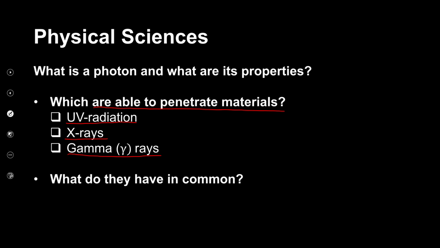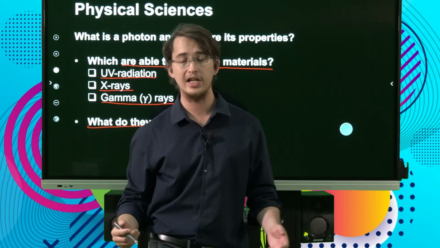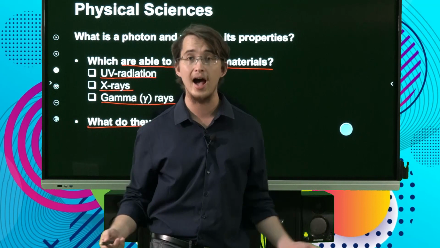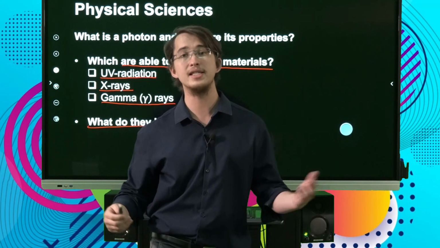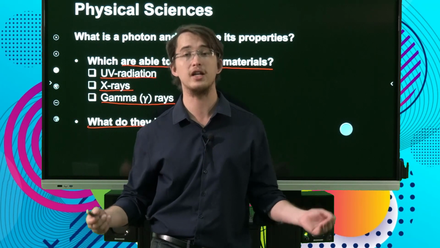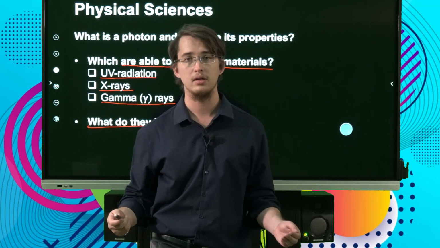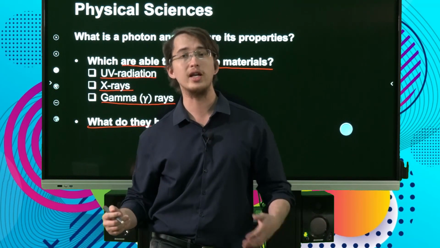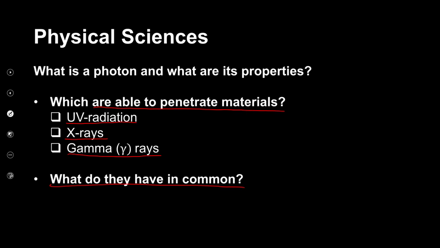But again, we ask ourselves, what do they have in common? Do you recall that all of these types of electromagnetic radiation have very high frequencies and that means they deliver a lot of energy per second to whatever they're impacting? Let's look further to see if we can unpack this relationship.